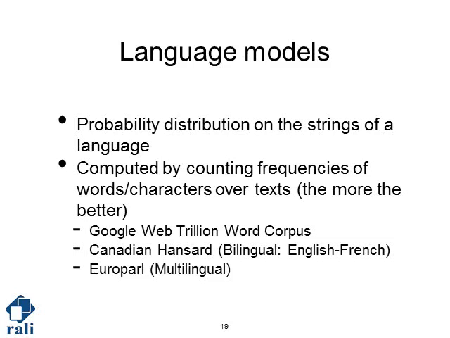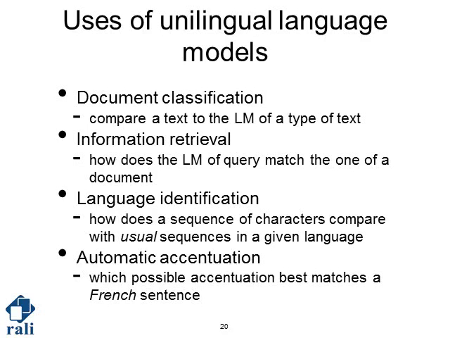If we use unilingual language models, so language models in only one language, this can be used to do some kind of document classification. You build a model for some type of text, for example blogs, or documents that talk about certain subjects and so on.